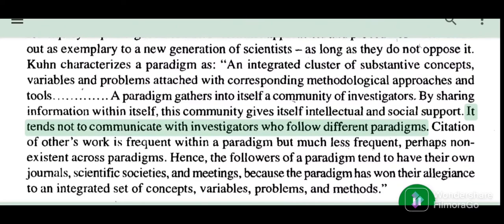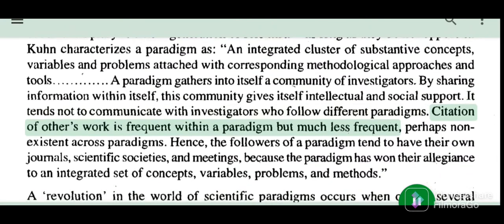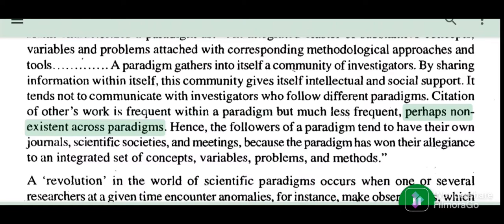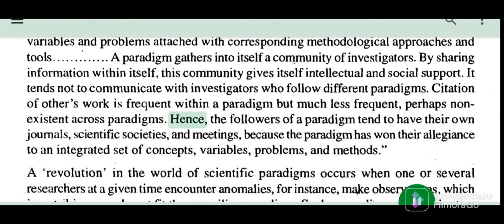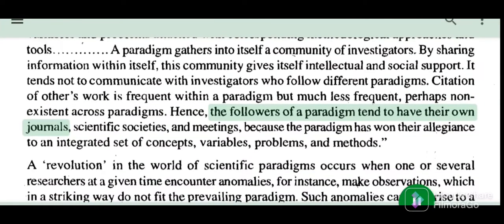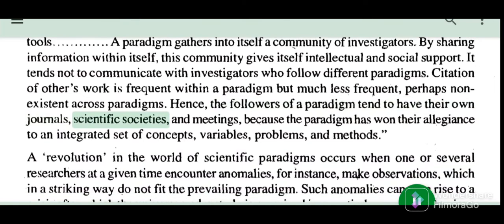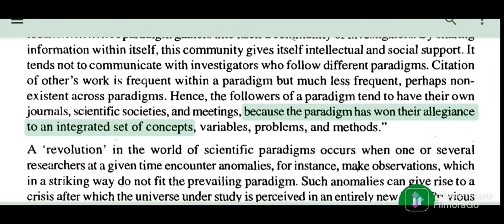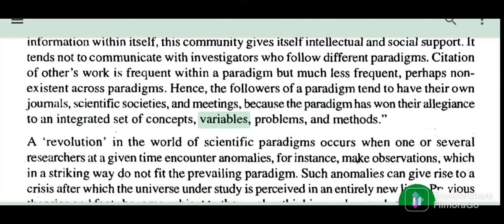It tends not to communicate with investigators who follow different paradigms. Citation of others' work is frequent within a paradigm but much less frequent, perhaps non-existent across paradigms. Hence, the followers of a paradigm tend to have their own journals, scientific societies, and meetings, because the paradigm has sworn their allegiance to an integrated set of concepts, variables, problems, and methods.